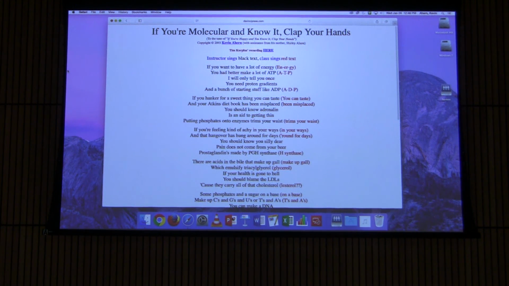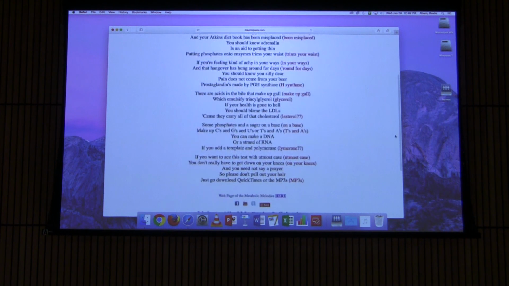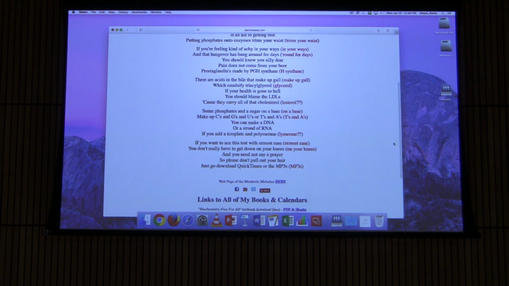Are you ready? If you want to have a lot of energy, you had better make a lot of ATP. I will only tell you once. You need proton gradients and a bunch of starting stuff like ADP. If you hanker for a sweet that you can taste, and your Atkins diet book has been misplaced, you should know adrenaline is an aid to getting thin. Putting phosphates onto enzymes trims your waist. If you're feeling kind of achy in your ways, and that hangover has hung around for days, you should know, you silly dear, pain does not come from your beer. Prostaglandin is made by PGH synthase.